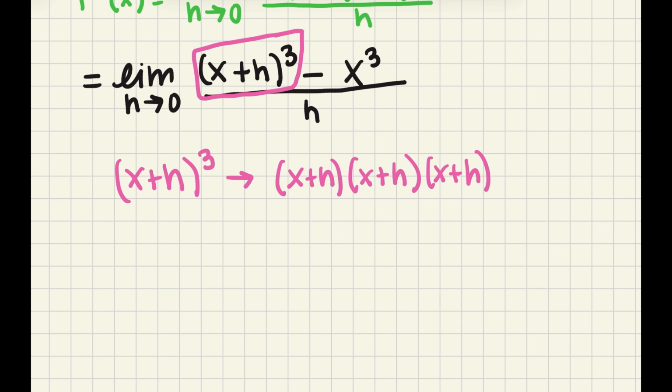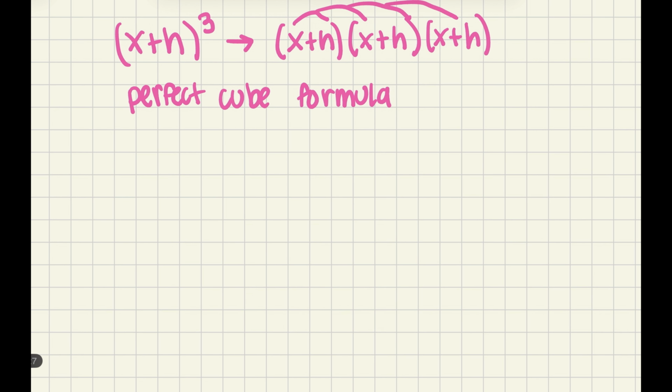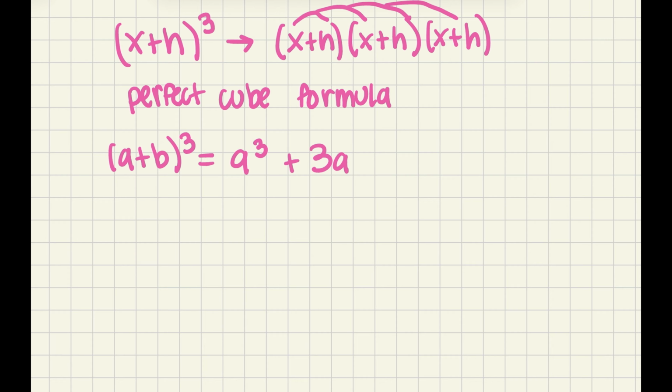And you can try to distribute it one by one, but that's just going to take too long. So normally what you're going to want to do is use the perfect cube formula, which is a plus b cubed equals a cubed plus 3a squared b plus 3ab squared plus b cubed.